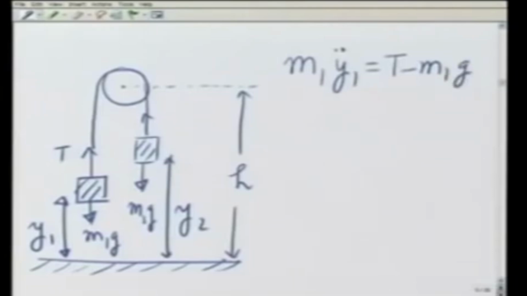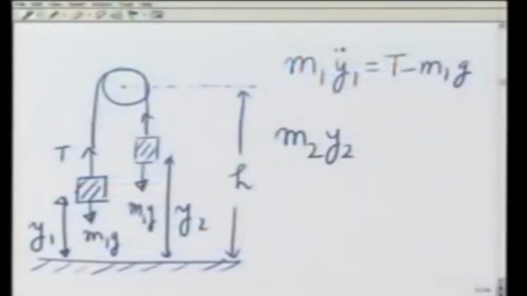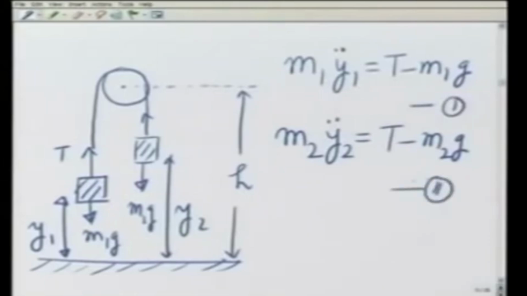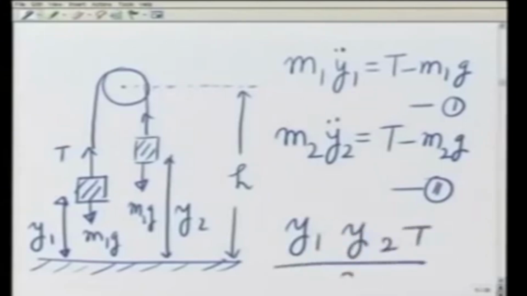Notice that all the directions and everything is correct. I must take care of that because we are dealing with vector quantities, although I am writing this in one dimension. Similarly, m2 y2 double dot is going to be equal to T minus m2g. I have gotten my two equations of motion, but again the number of variables are y1, y2, T, 3.